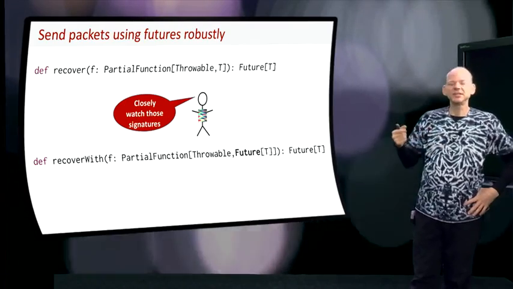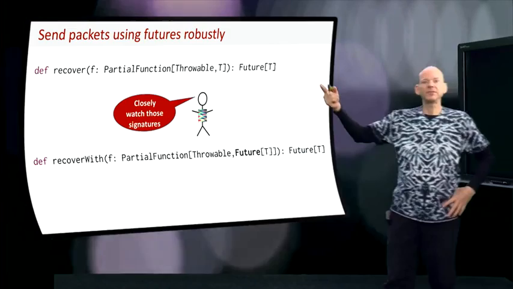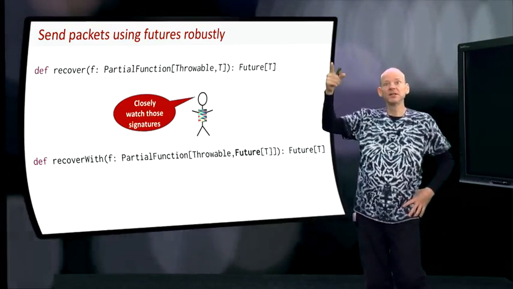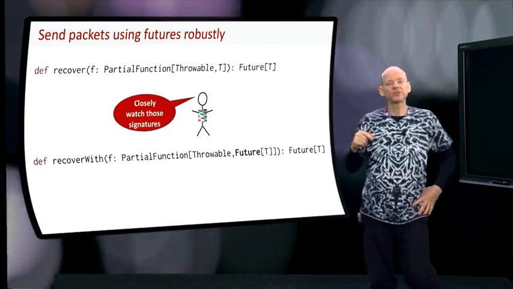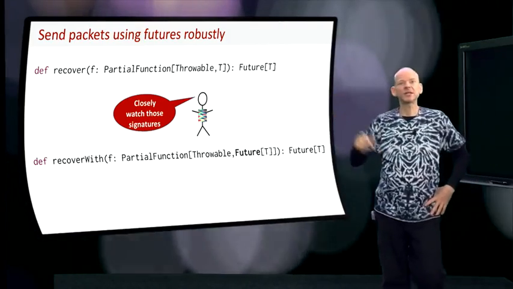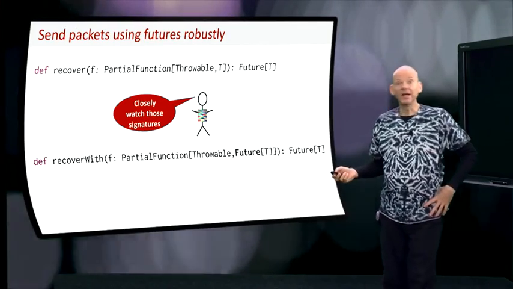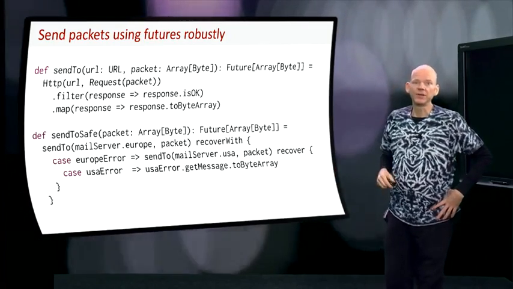So it's kind of the error case for flatMap. And then we have recover, which takes a throwable and returns a T, which is kind of the map for the error case.